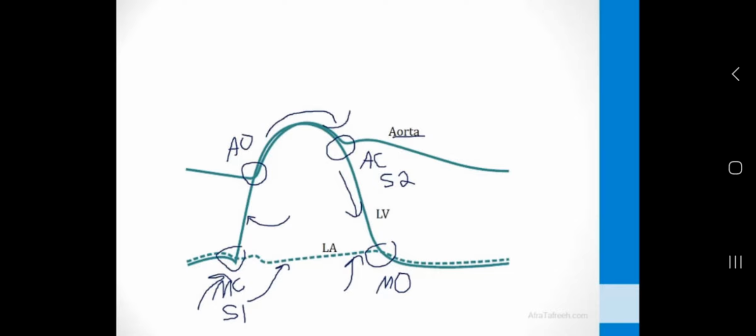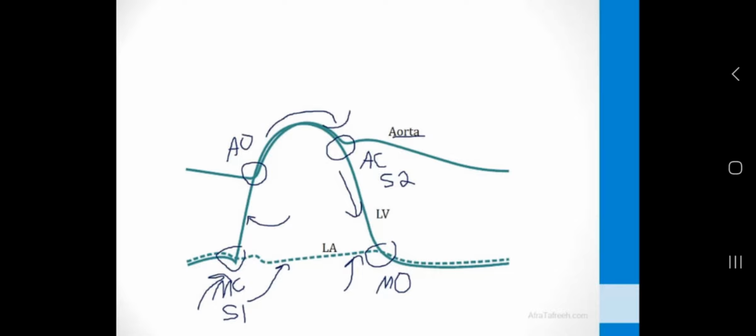Then there will be a rise in ventricular pressure. When it is greater than aortic pressure, it will open the aortic valve, then it will go down. When aortic pressure is greater than ventricular pressure, that will close the aortic valve, that will produce S2 sound.